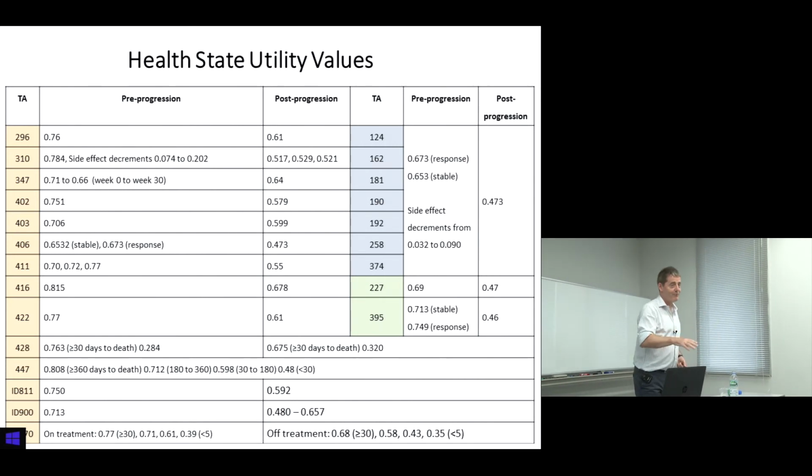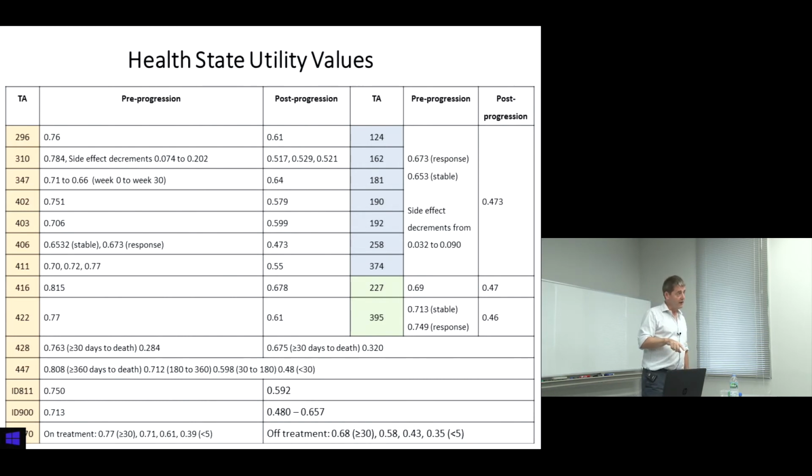But of course, the nature of progression is, when it first happens, it can be quite subtle. When it first happens, it doesn't mean suddenly your health state plummets. It's coming down. But as you get nearer death, it can get really quite low. And so that is a challenge.